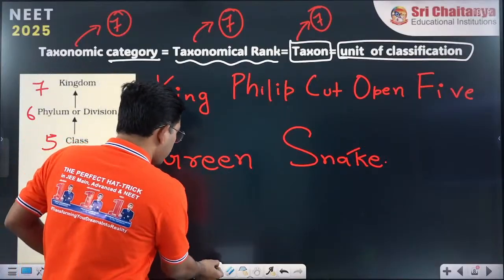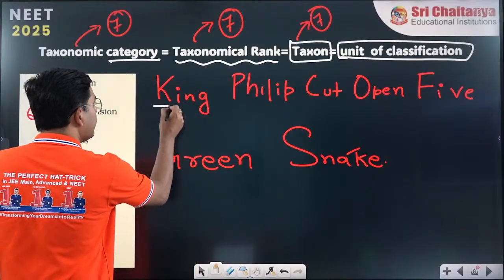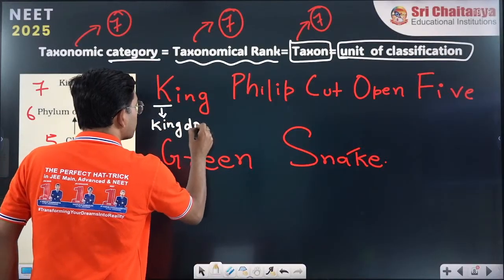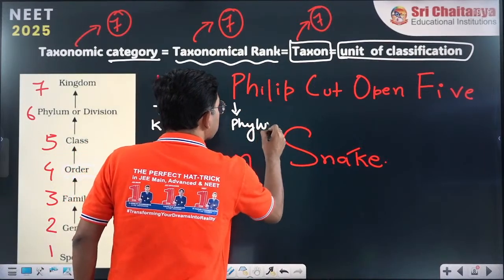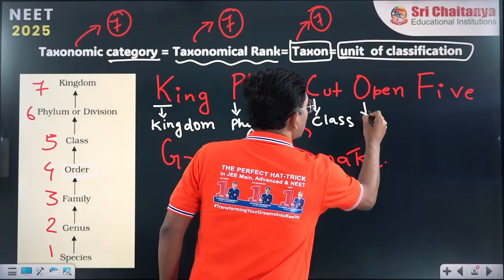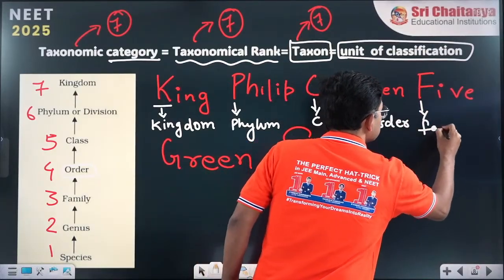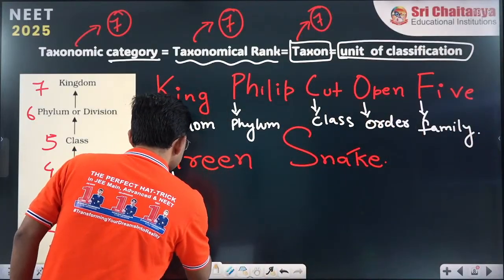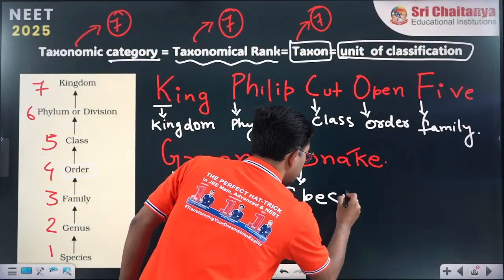Now, how will you remember it? The first letter of each word represents the taxonomical category. K stands for kingdom, P for phylum, C for class, O for order, F for family, G for genus, and finally S for species.